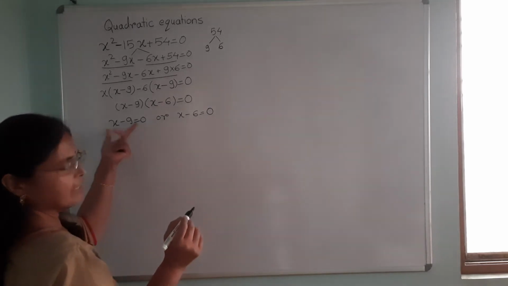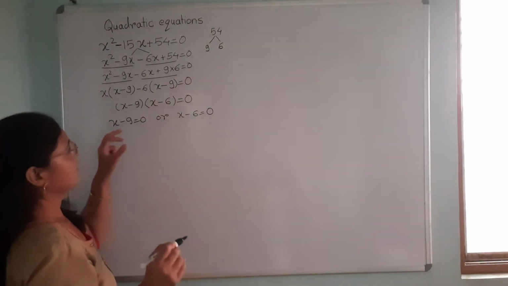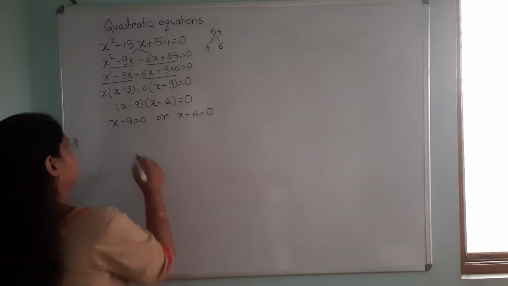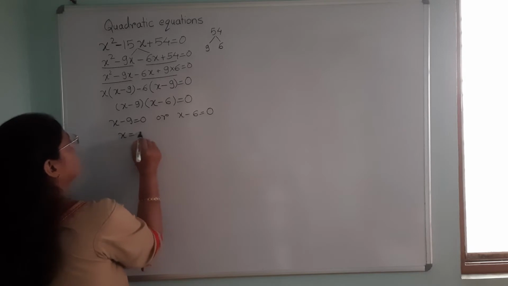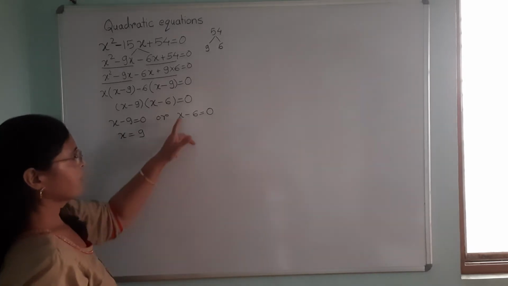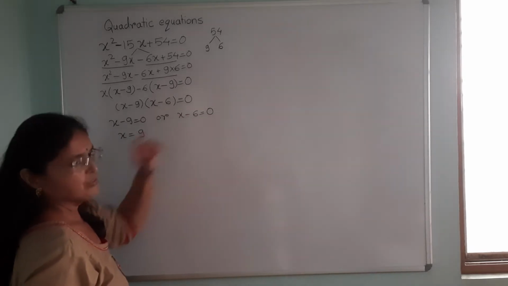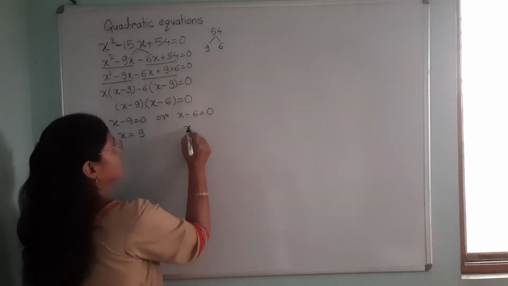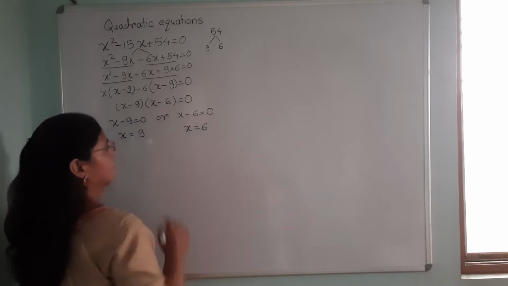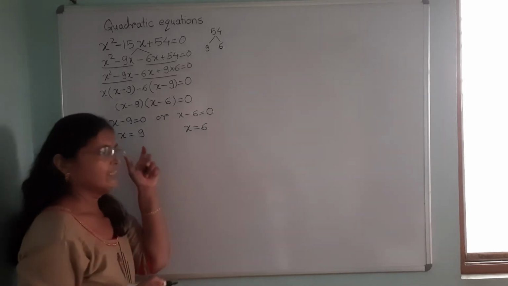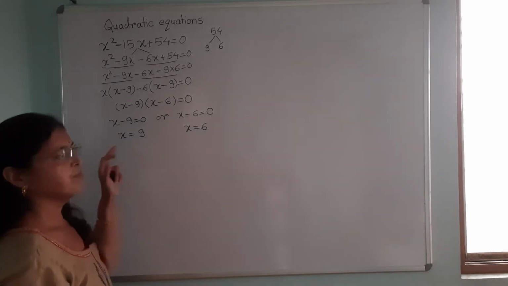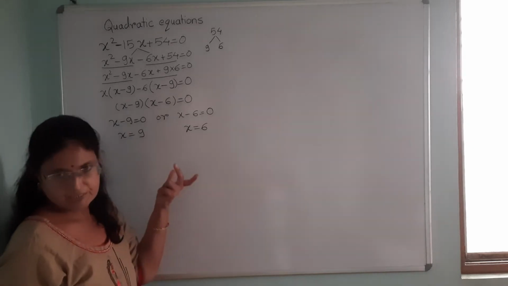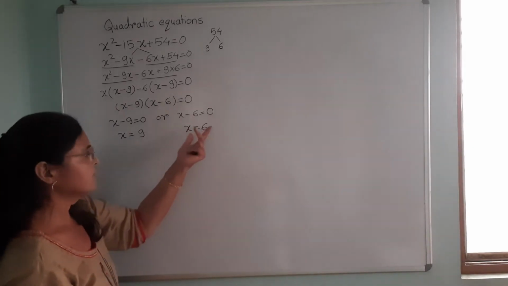If x minus 9 is equal to 0, then we add 9 on both sides and we get x equal to plus 9. If x minus 6 equal to 0, then we add 6 on both sides and we get x equal to 6. This shows that x may be equal to 9 or x may be equal to 6.